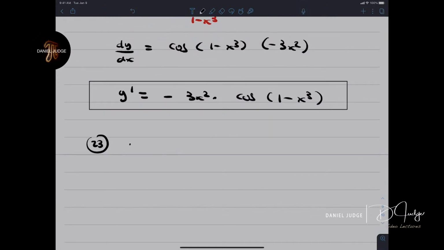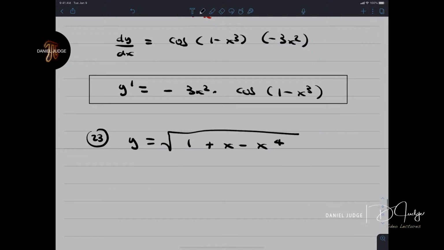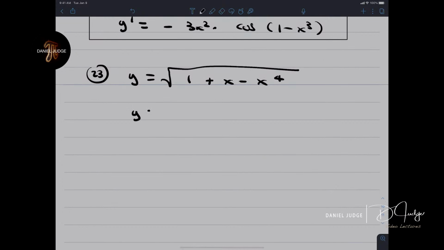23. Y is the square root of 1 plus x minus x to the 4th power. And I'm going to write this as an exponential with a fraction as an exponent, rational exponent.